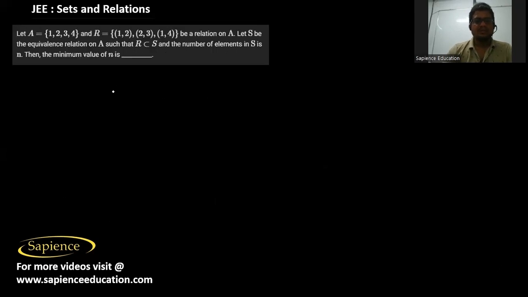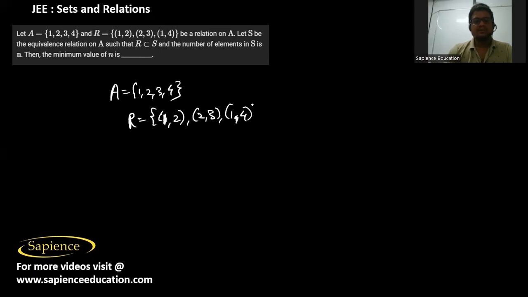Then here it is told, let A be the set 1, 2, 3, 4. And R is the set (1,2), (2,3), and (1,4), a relation on A. Let S be the equivalence relation on A such that R is a subset of S. Then the number of elements in S is n.